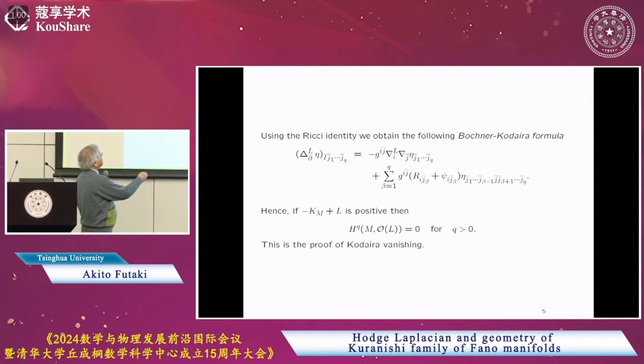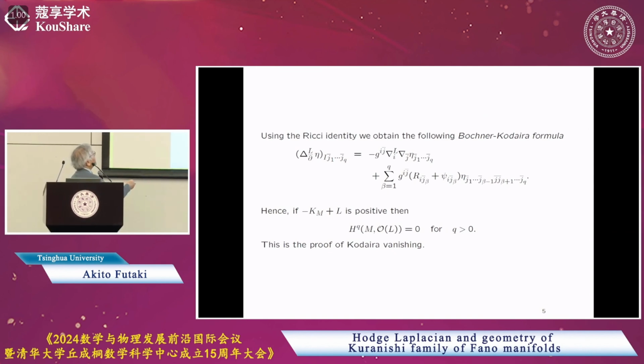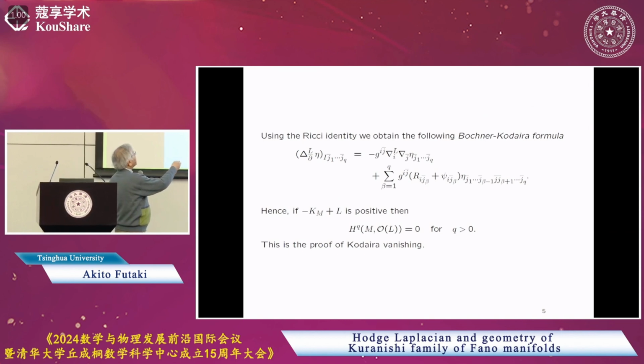From this we get the Ricci curvature. Then this is the curvature of L from the bundle metric h. If this term is positive, by integration by parts, this minus becomes plus.